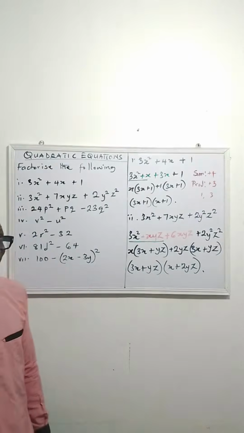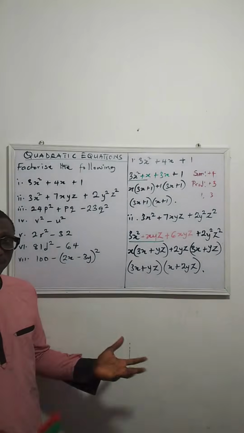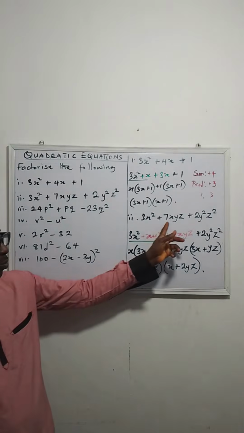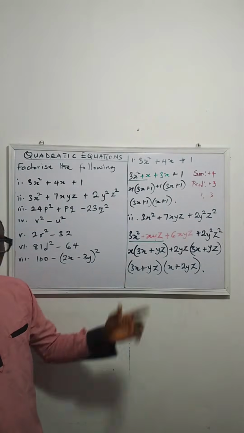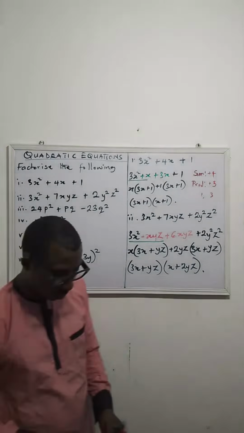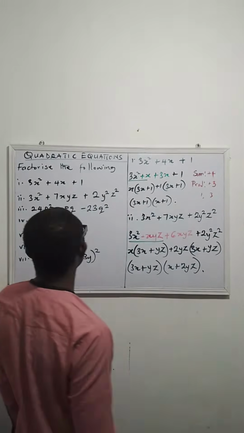So now when you look at the question, it looks as if it's difficult. No, all you need to pay attention to is the coefficients, just like what you have just done here. Now let's move down to the third question here.